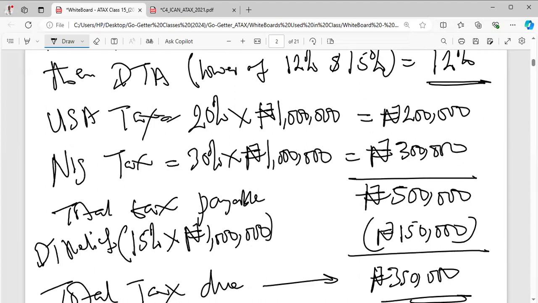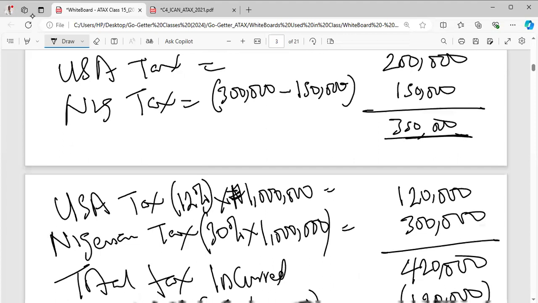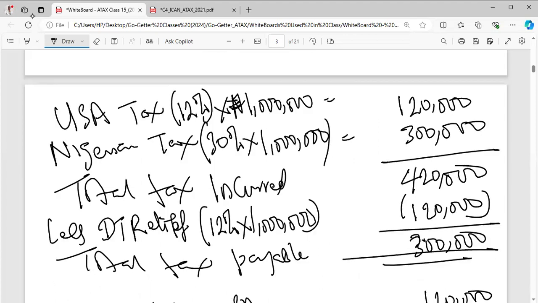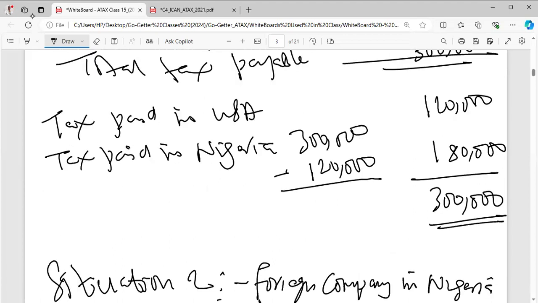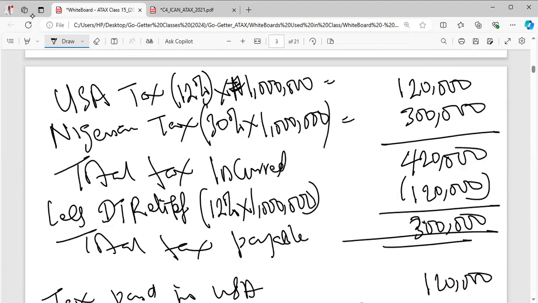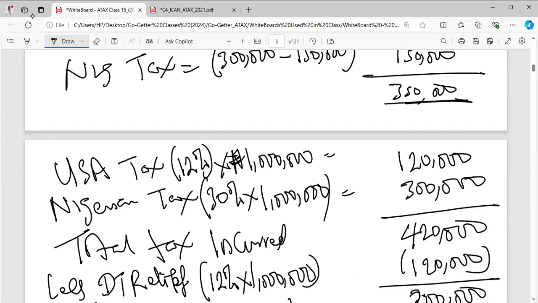But now, when it is lower than that, let me just see what I did here.